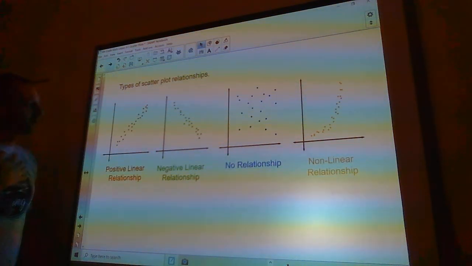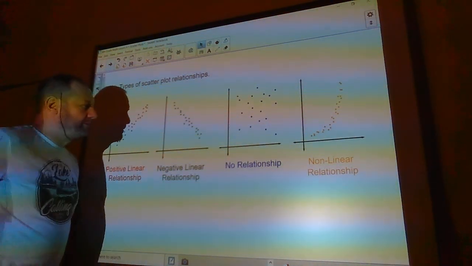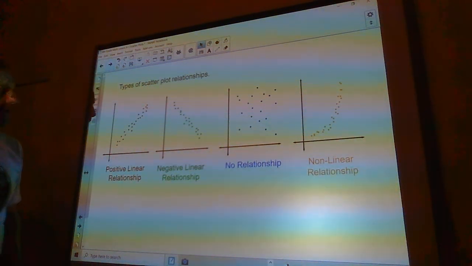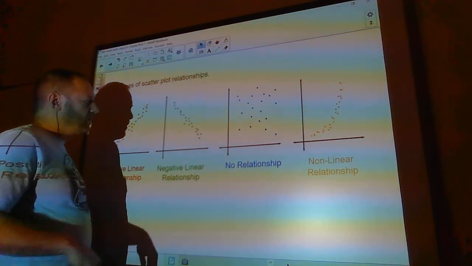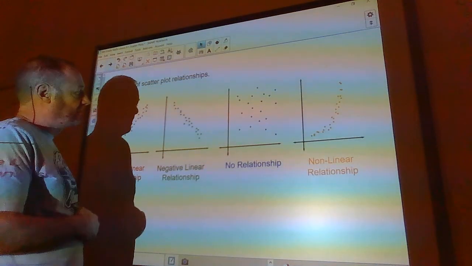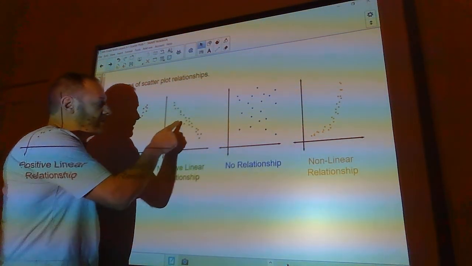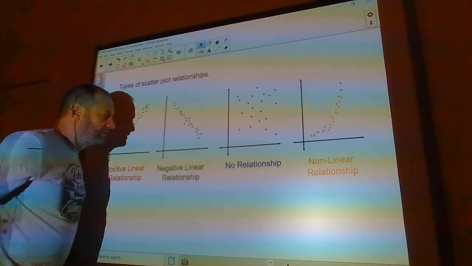Okay, a negative relationship. This could be something like how long I've lived compared to how long I have left to live. Right? The longer I live, the shorter amount of time I have left to live, and so that's a decreasing relationship.